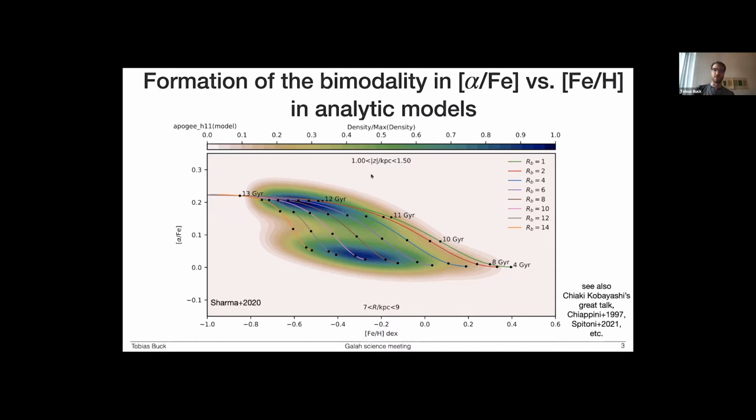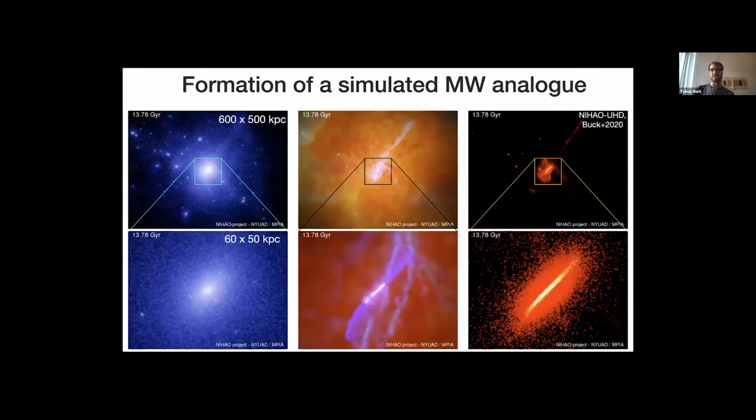So if we look at the solar neighborhood, what we see is a mixture of various different birth radii. It's great that this model can explain this, and it's also quite fascinating that it can do it, because it's based on some simplified assumptions.